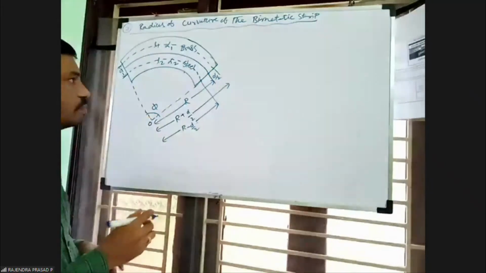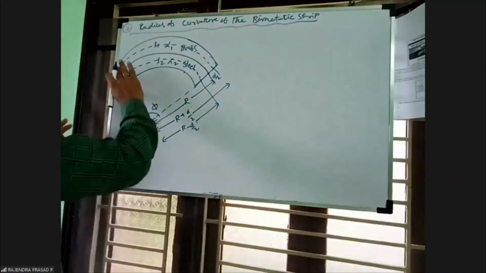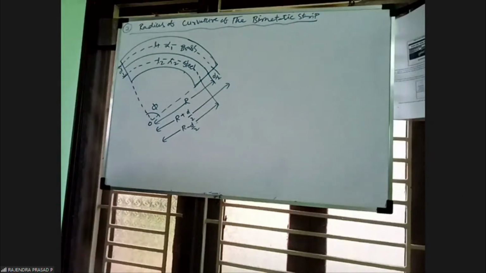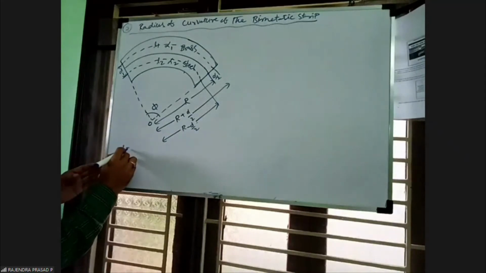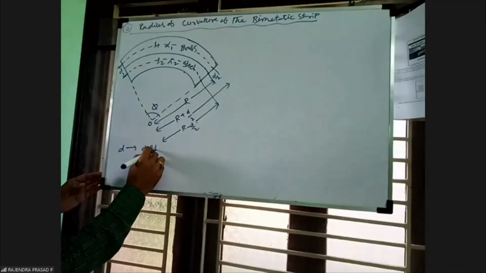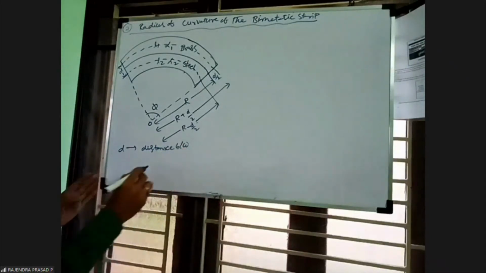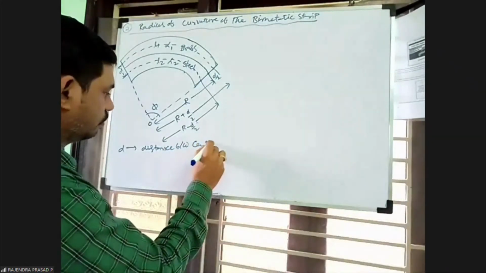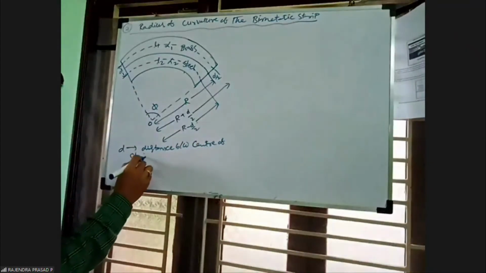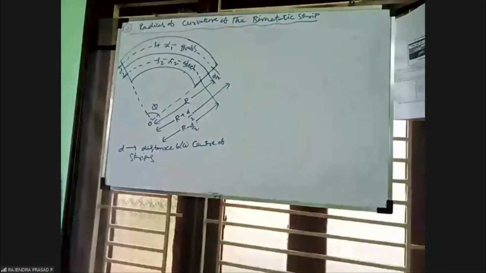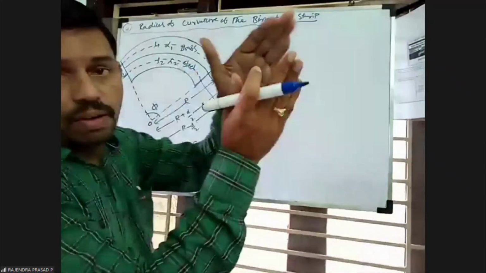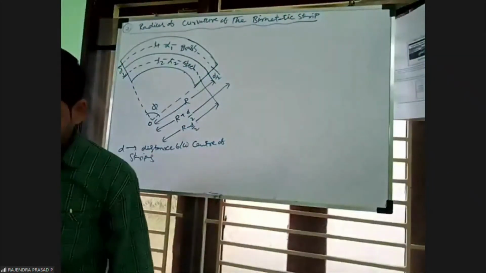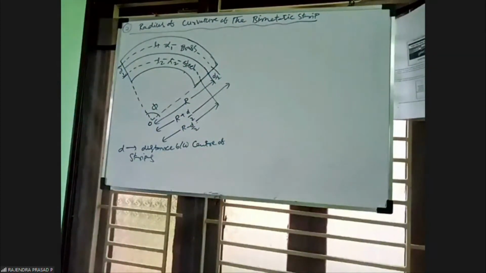What is D? D is the distance between the centers of the strips.